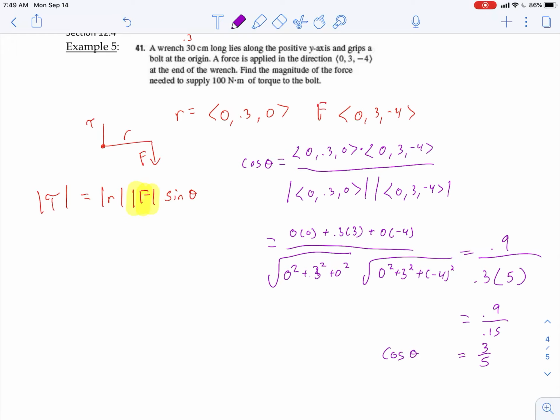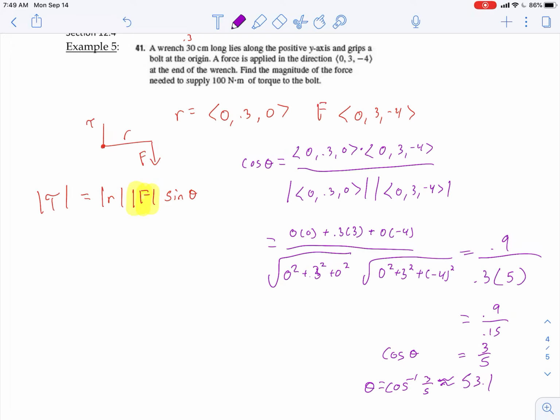Alright, now this all equals cosine theta. So that means that theta is equal to the inverse cosine of 3/5, which is going to give us approximately 53.1 degrees. Alright, so we found our theta.